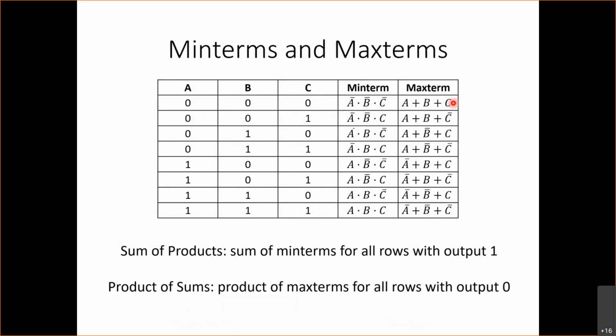And we saw how a sum of products for a certain output can be expressed as the sum of minterms for which that output is 1, or it can be expressed as a product of the maxterms for which that row is 0, or the output is 0.